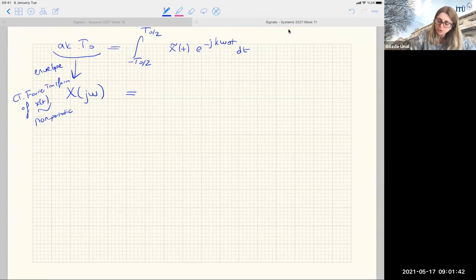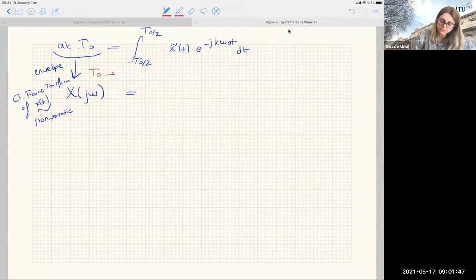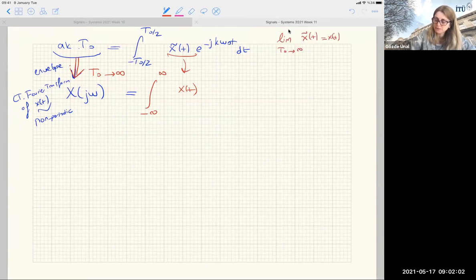Now T0 goes to infinity, right? That is what we did while going from here to here. Now, the integral from minus infinity to infinity, this guy becomes x of t, because as T0 goes to infinity, x tilde of t was really x of t, the non-periodic signal. Okay, this was the idea. So now e to the minus j omega t dt.